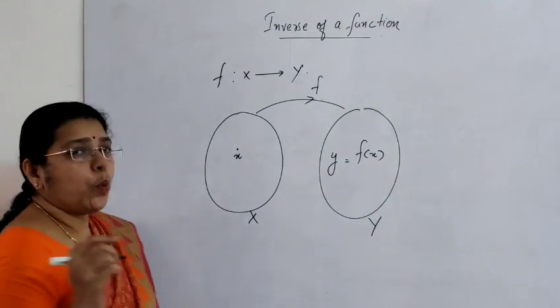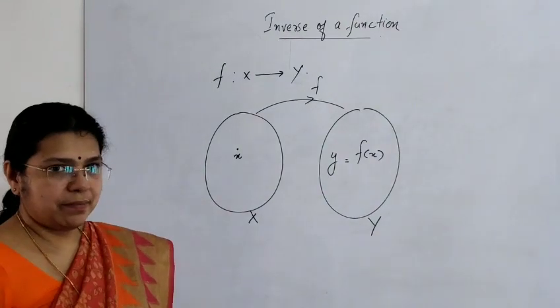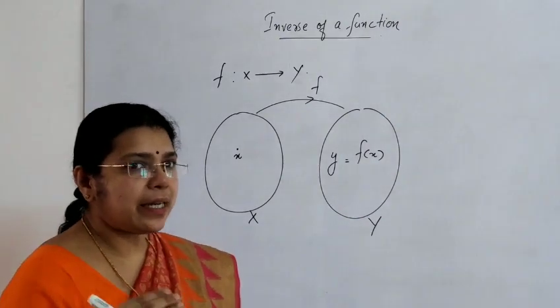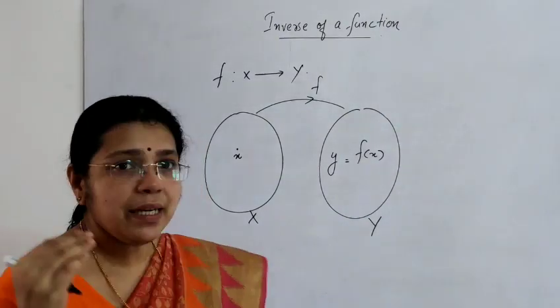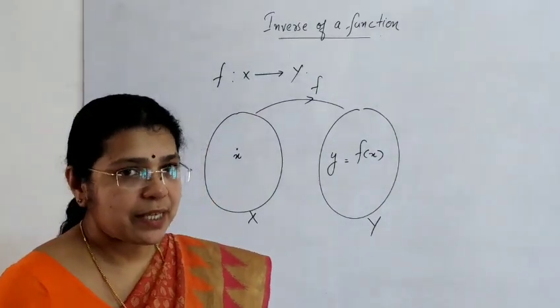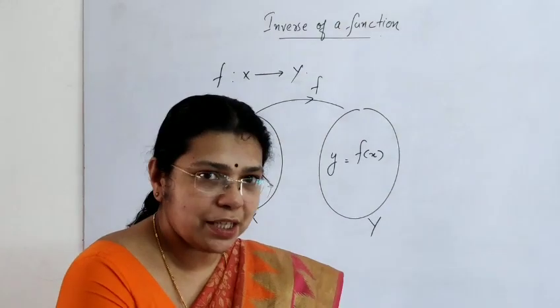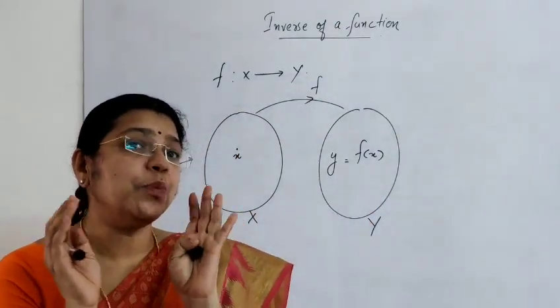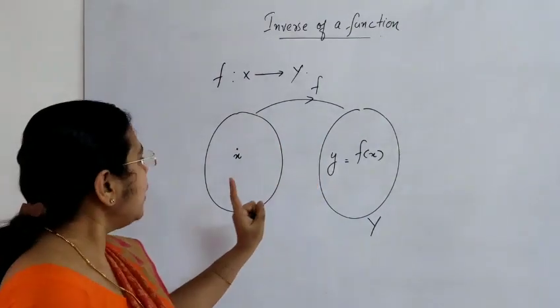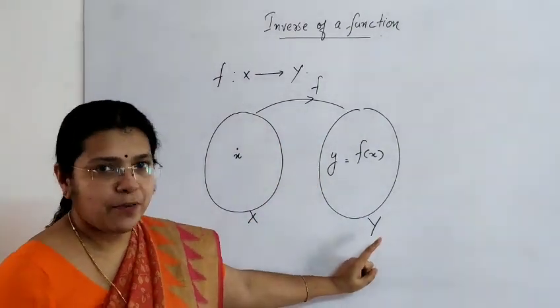Okay. Now what is the inverse? There are certain conditions that we have to discuss when we discuss the invertibility of a function. But before moving into the conditions, I am just explaining to you what is the inverse. Here the function is from x to y.